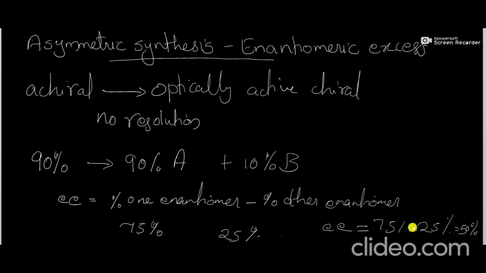That is, enantiomeric excess will be 50%. That is, there is a 50% excess of one enantiomer over the racemic mixture. Here 90% enantiomeric selectivity means 90% one enantiomer and 10% other enantiomer. Then what will be the enantiomeric excess? 90 minus 10, that is 80% enantiomeric excess in this case.